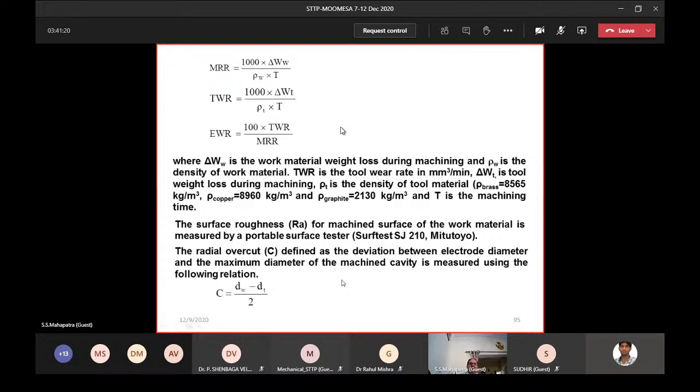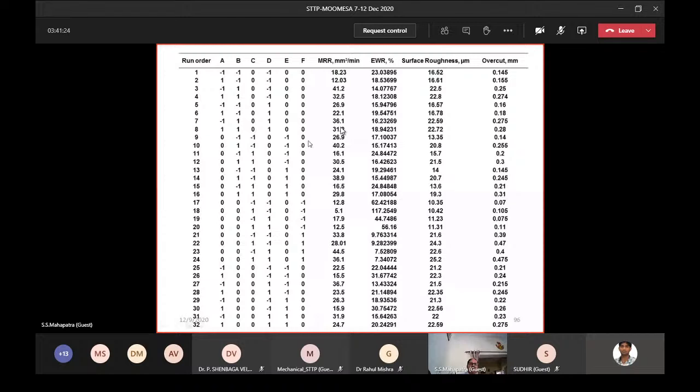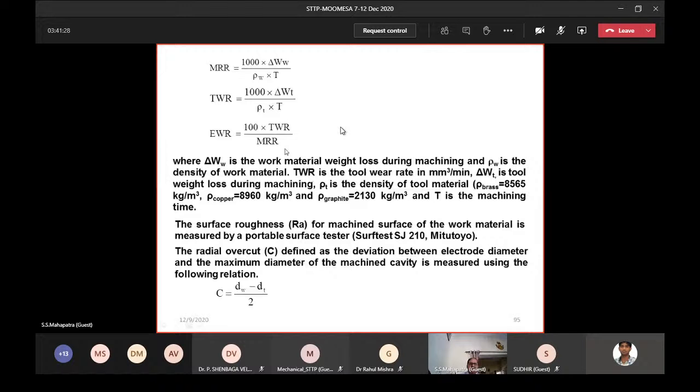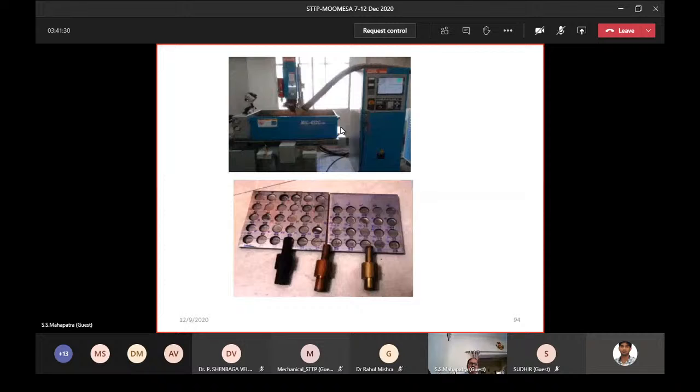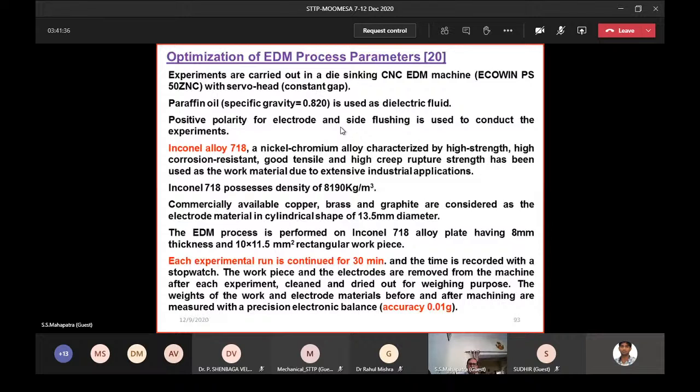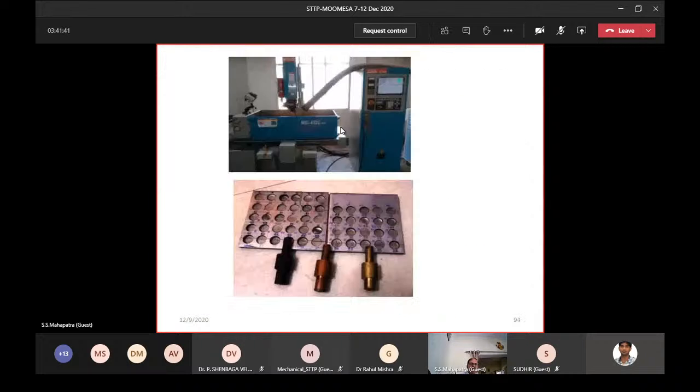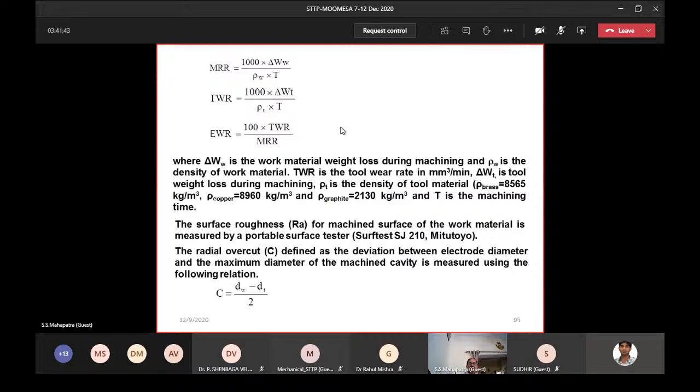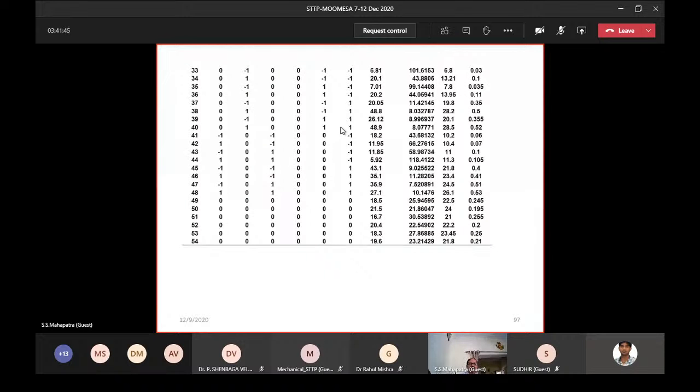And the surface roughness. So experiments have been conducted as per response surface methodology, and there are 54 experiments that have been conducted.